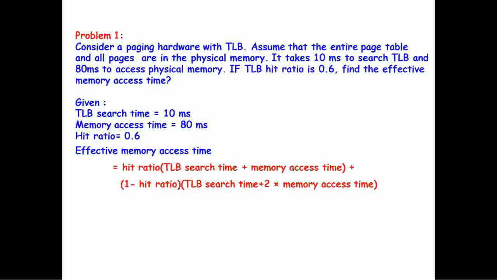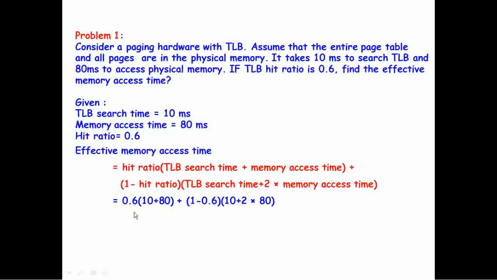So substituting the given values in this formula, we get the following. 0.6 for hit ratio, TLB search time is 10, memory access time is 80 plus 1 minus 0.6, then TLB search time is again 10 plus 2 into memory access time is 80. So here this is nothing but 0.6 into 10 plus 80 is 90.